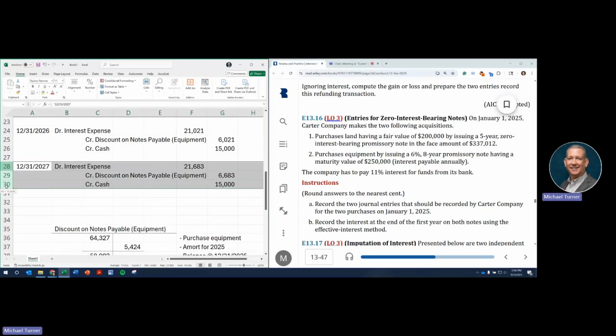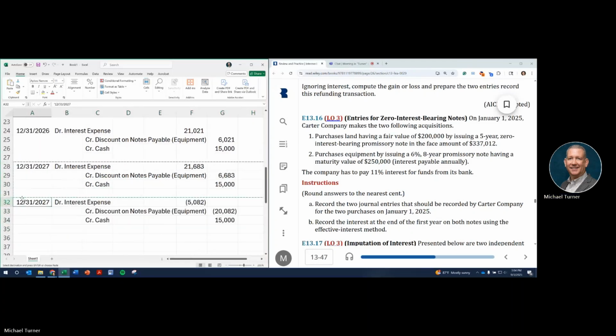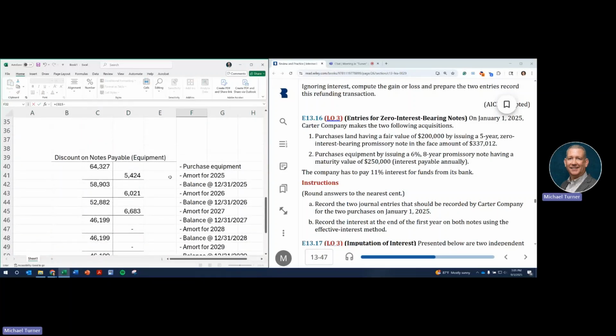Okay, let's do our journal entry for 2028. Our interest expense is always the face amount of our loan, which is always $250,000 in our example through all 8 years, net of the balance of the discount or premium on notes payable times our effective interest rate, since we're using the effective interest rate method.